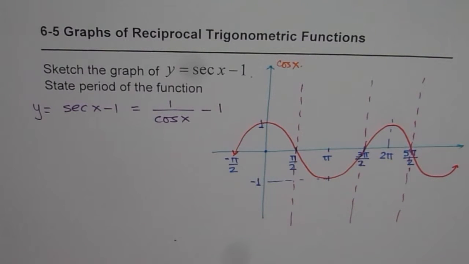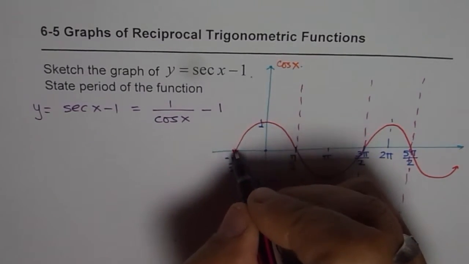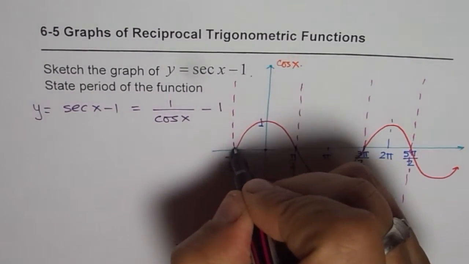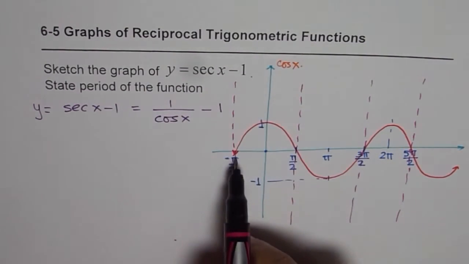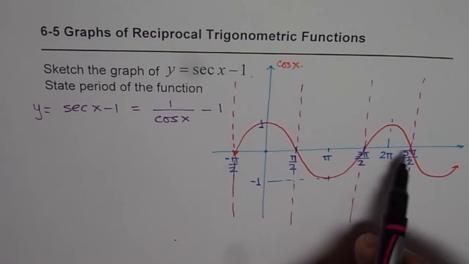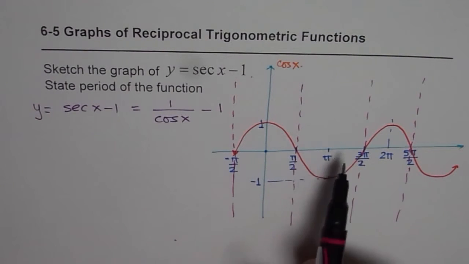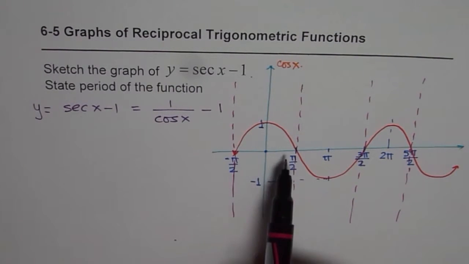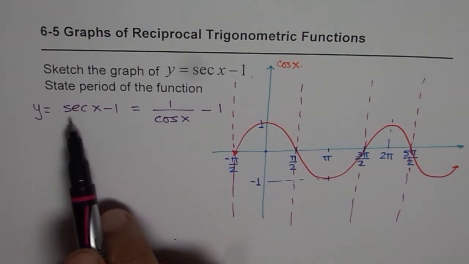But the steps are the same, correct? So draw all your vertical asymptotes, which correspond to 2n plus 1 times pi by 2. It's the odd values of pi by 2, correct? Zeros of cos x will become vertical asymptotes for secant x.